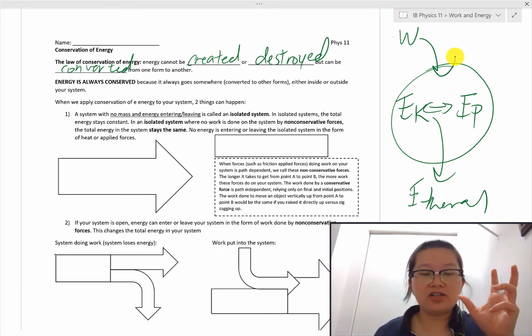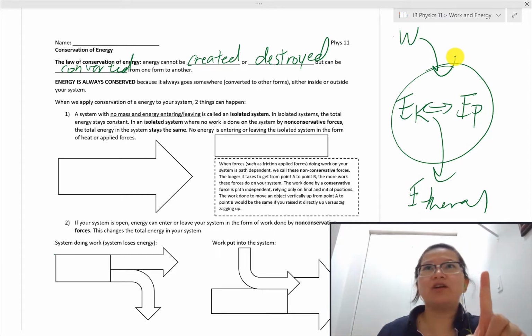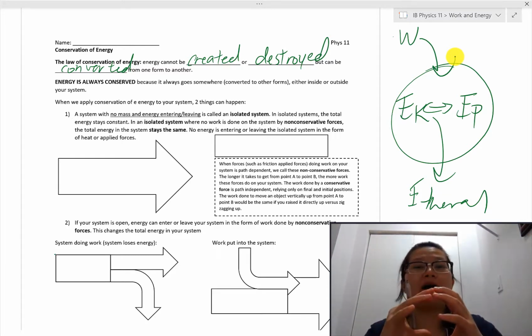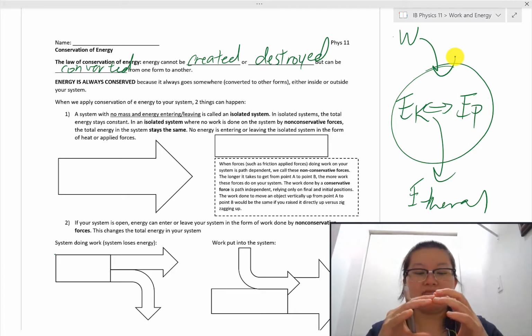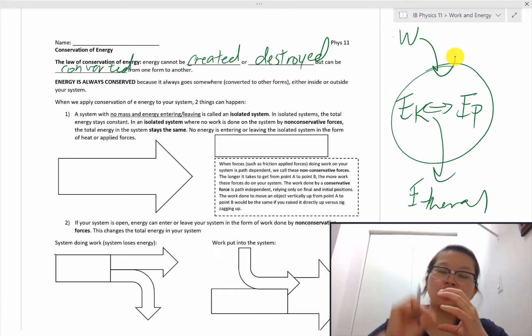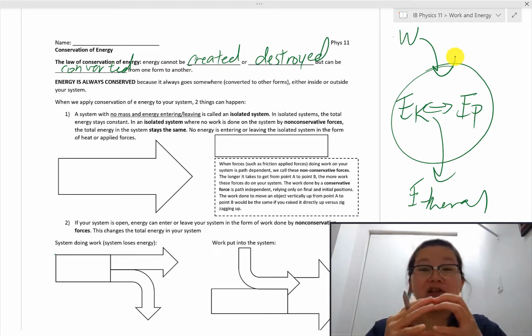When I think of energy conservation, I think about two cases. The one specific case that we talk about a lot and which becomes very applicable in our questions is when we have an isolated system. Meaning if I have a boundary that isolates whatever's inside my system from the outside, there is no energy exchange across that boundary. No mass, no energy exchange, it is closed.